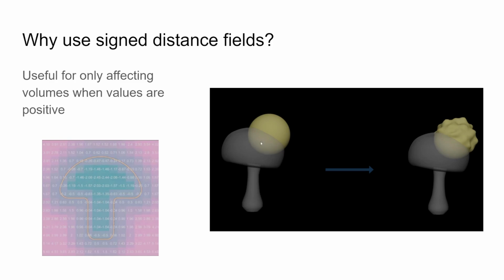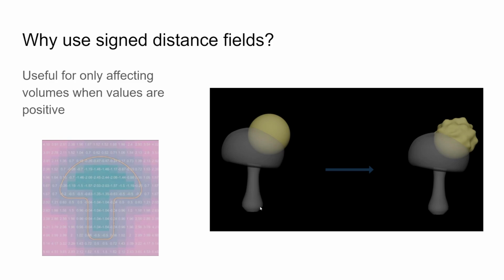Since it's negative on the inside, we can simply get rid of all negative values and only operate on positive values. And therefore, we can get this really cool intersection. This is possible with signed distance fields simply because we have that distance, we have that polarity that we're able to use.